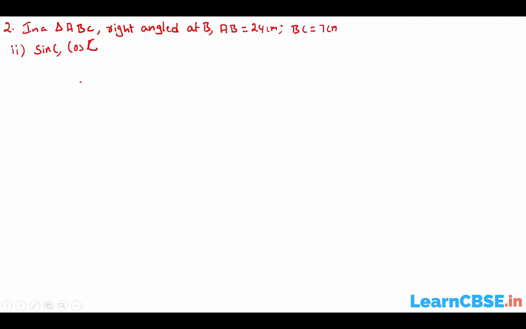So let me draw the figure. Now triangle ABC. Given AB is equal to 24 centimeters, BC equals 7 centimeters.